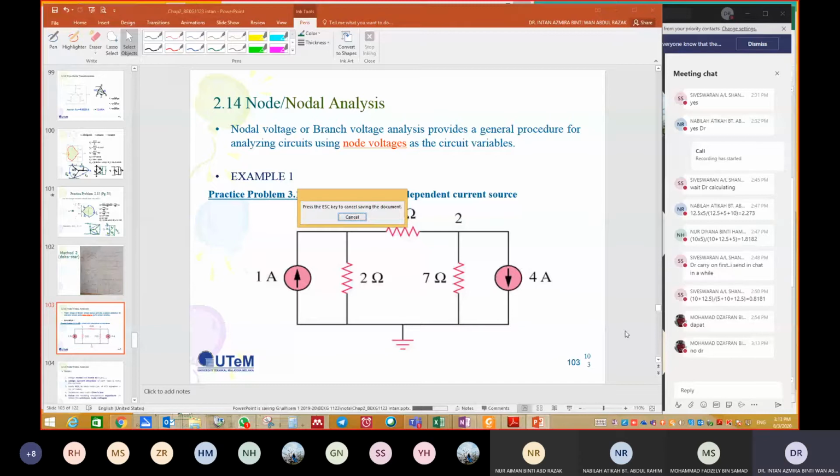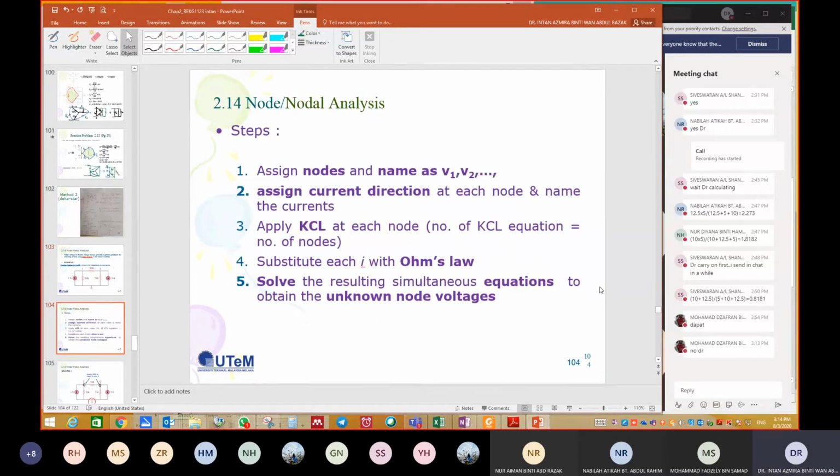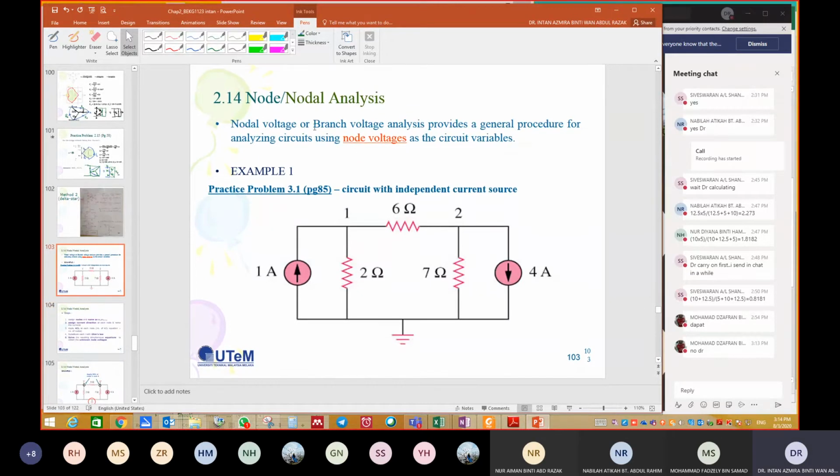Now we go to nodal analysis. Nodal analysis is an interesting subtopic, but quite challenging. So what is nodal analysis? Nodal analysis, or branch voltage analysis, provides a general procedure for analyzing circuits using node voltages as the circuit variable.